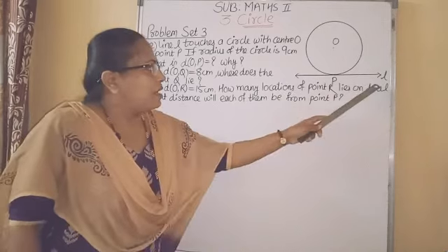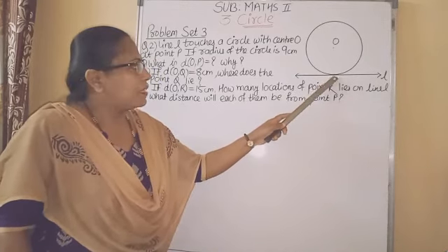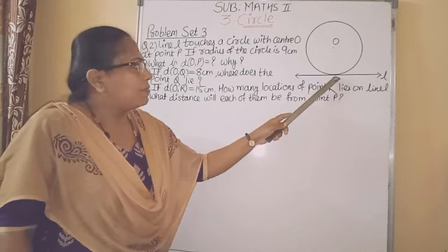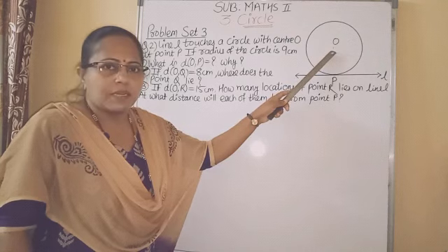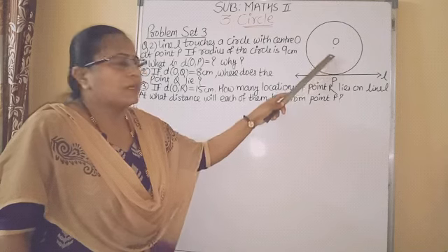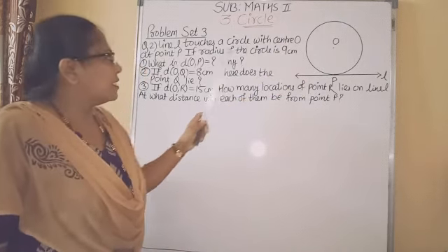This line L touches the circle at point P. That means point P is on the circle and O is the center of the circle. That means segment OP is the radius of the circle and the radius is given 9 centimeters.